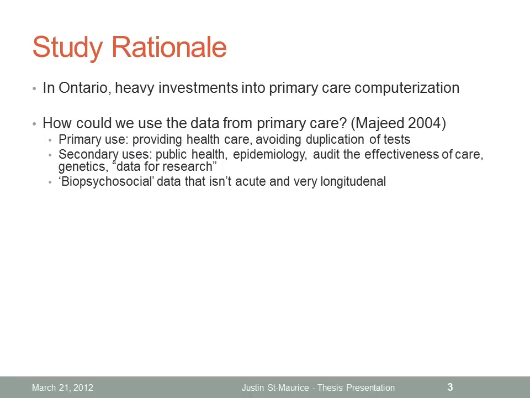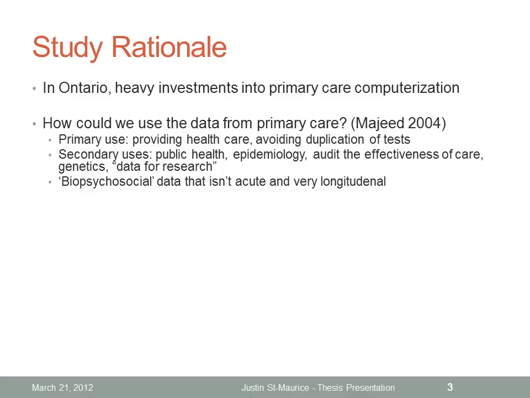There are a lot of secondary uses as well, again as discussed by Majid, and those include purposes of public health, epidemiology, auditing the effectiveness of care, doing some genetics, looking for data for general research, basically taking information that we have in primary care and linking that to other sources to see if there are relationships between what we have in primary care and what we have in those other databases.